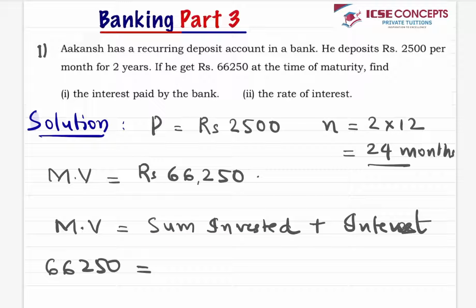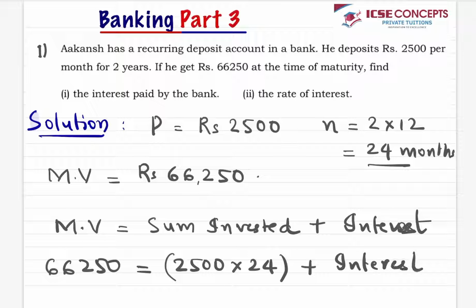Sum invested means how much money he has paid. That's 2500 per month for 2 years. So total amount paid to the bank is 2500 into 24, plus the interest, right? So we have to calculate the interest.